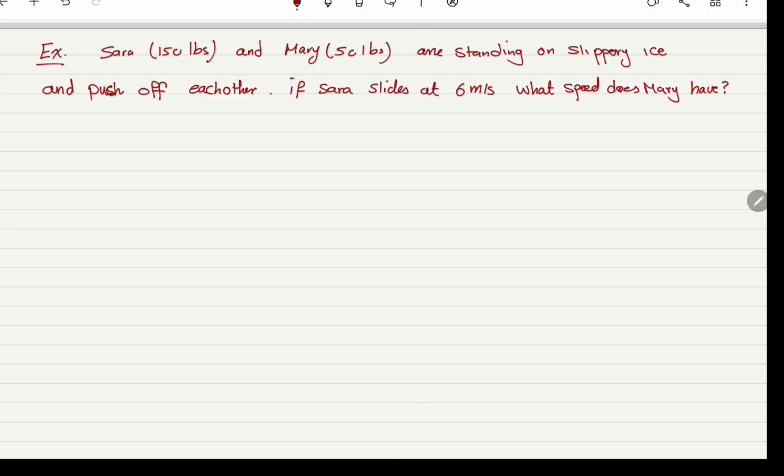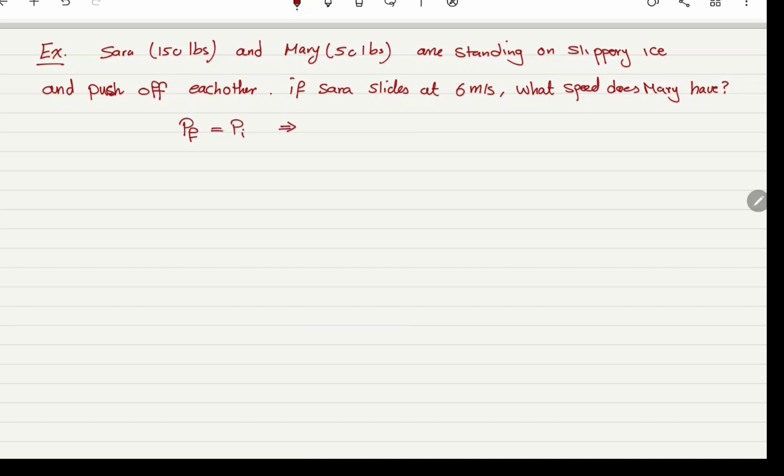Example: Sarah, 150 pounds, and Mary, 50 pounds, are standing on slippery ice and push off each other. If Sarah slides at 6 meters per second, what speed does Mary have? Now, momentum is conserved again, P final equals P initial.